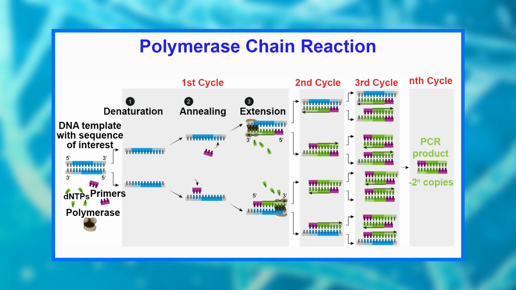In the first step of PCR, the two strands of the DNA double helix are physically separated at a high temperature in a process called nucleic acid denaturation. In the second step, the temperature is lowered and the primers bind to the complementary sequences of DNA.